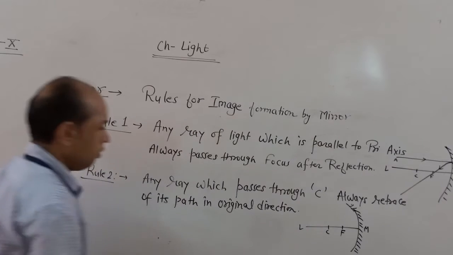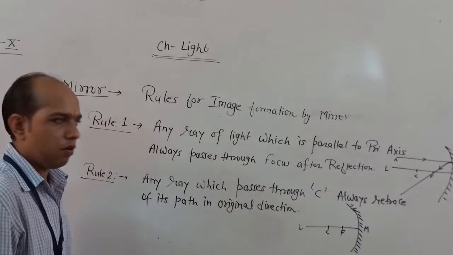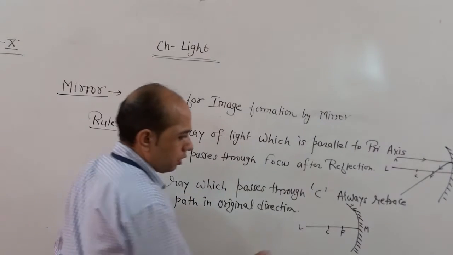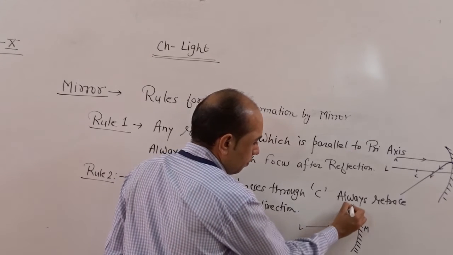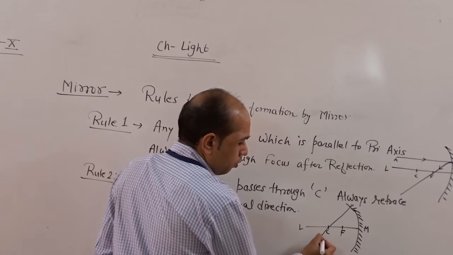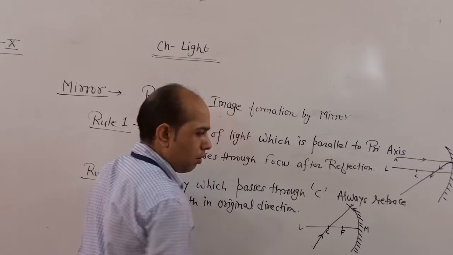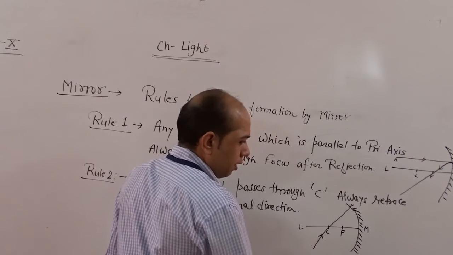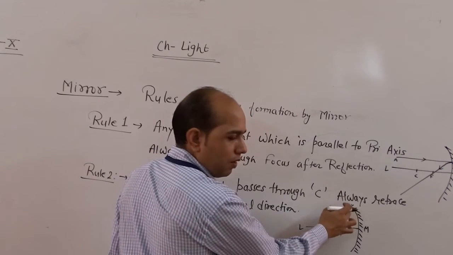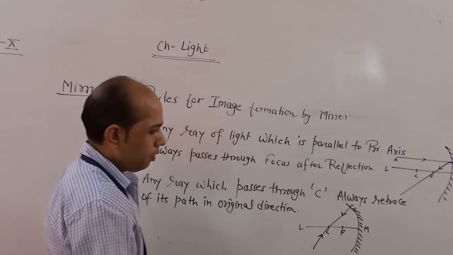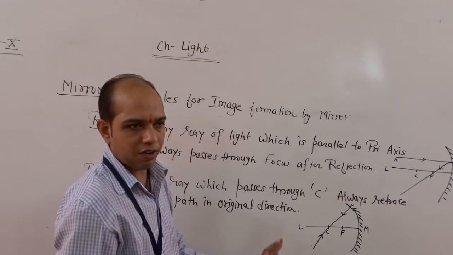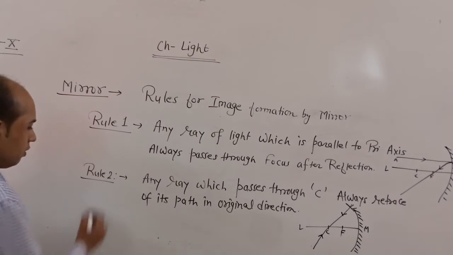As per this law, suppose a ray passes through the center of curvature; this arrow indicates the path of the ray. After reflection from this reflecting surface, it again retraces its original path. It reverts back in the same direction. This is the second one.